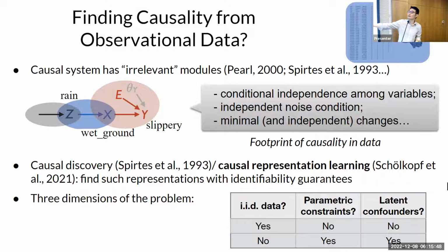How the part regarding rain causing wet ground changes is completely independent from how the X to Y part changes. So this is the independent changing property. Basically, we have some properties that can be verified with data, right? Okay, this is the first question. In the second one, you want to see what kind of causal information can be recovered from data, right?